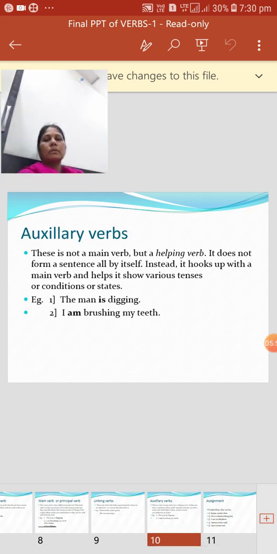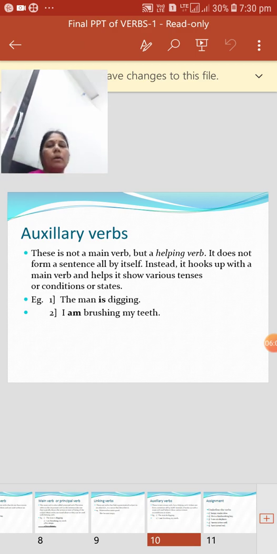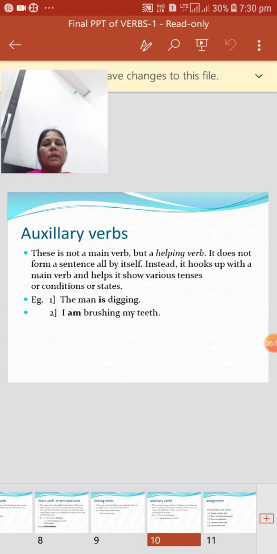Auxiliary verbs. First only I told there are only 4 types. Auxiliary verbs are only the helping verbs to the principal verb. See, first also in principal verb I have given the example of this. The man is digging. In that case the subject is attached to the verb.